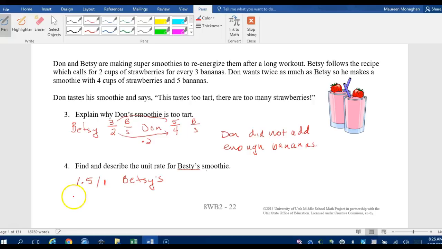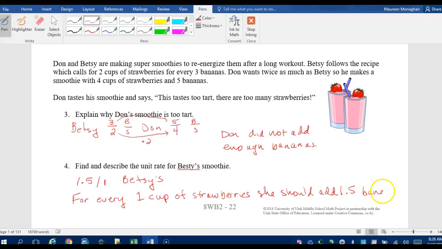So for every 1 cup of strawberries, she should add 1.5 bananas. That's the ratio. Come on, Don. Head in the game here.